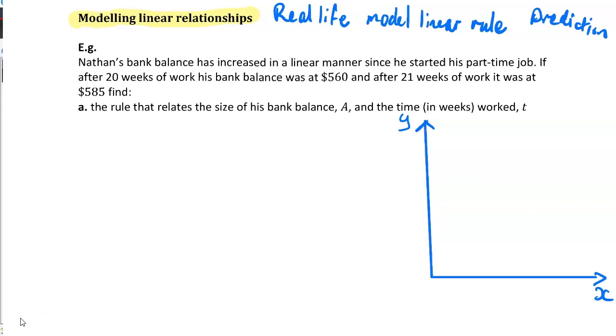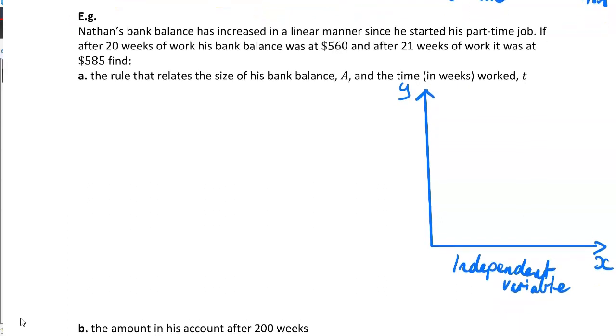Now, sometimes what gets on the x is called the independent variable. You've probably heard that phrase in science. And the y is the dependent variable.